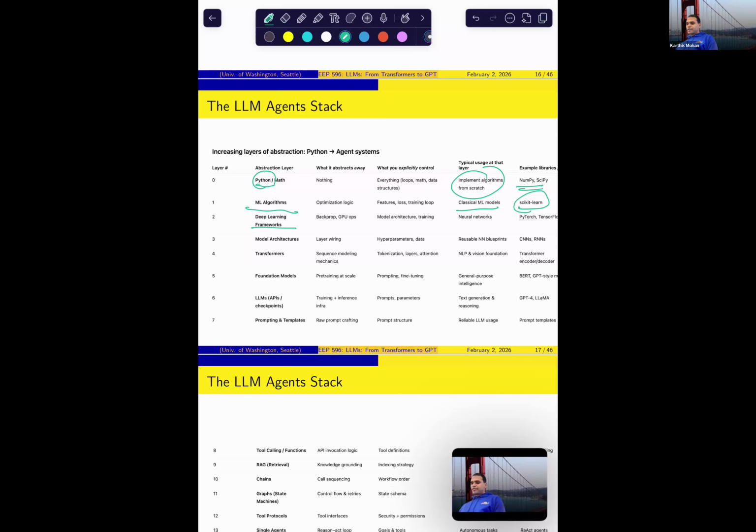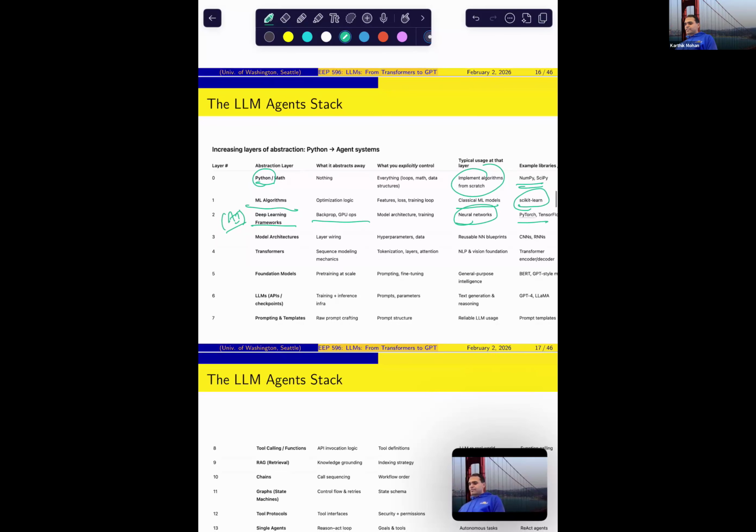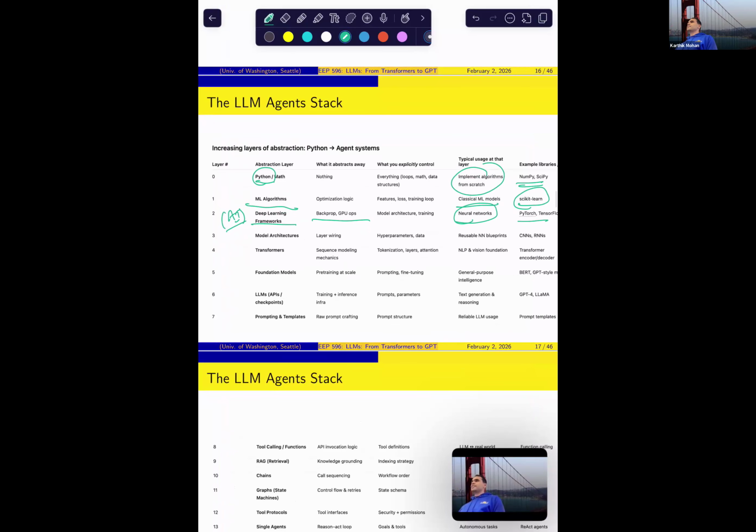And then we have deep learning frameworks. This is where GPUs, back propagation, neural networks. One of the first signs of AI started coming in here, right? And the libraries are PyTorch, TensorFlow. Even here, it was more like predictive, discriminative, simple tasks. No fancy AI has yet come in, right?